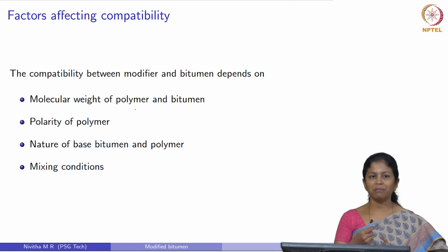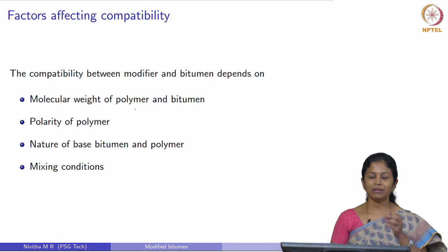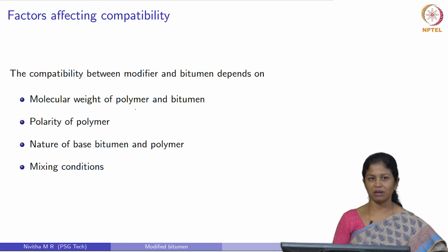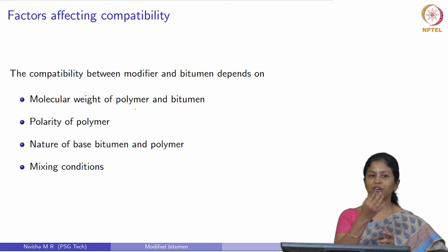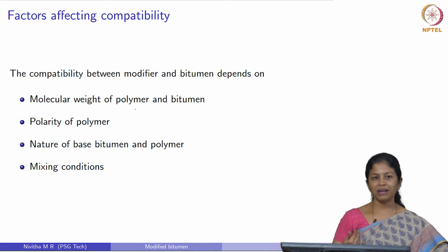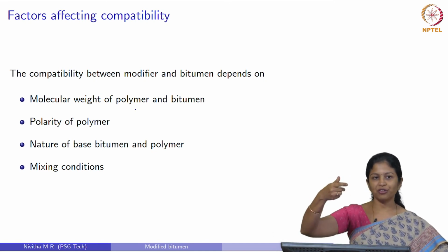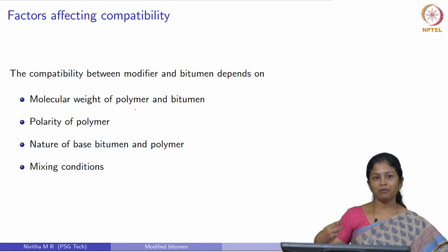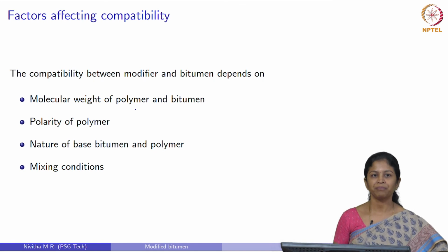What do I mean by one kind and other kind? There might be one bitumen which is coming from one particular crude source or which has undergone one type of processing method, and that can be suitable for certain kinds of modifiers, whereas bitumen from some other crude source and from some other type of processing methodology may not be suitable for some other kinds of modifiers. So, we need to take this fact also into account.